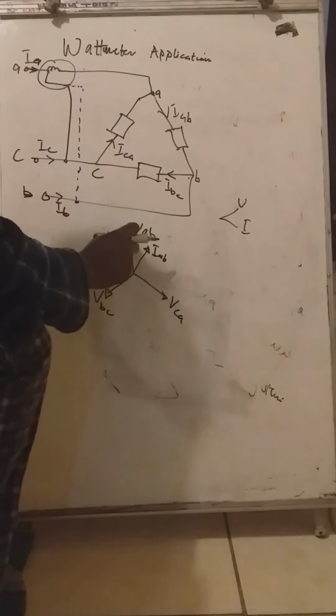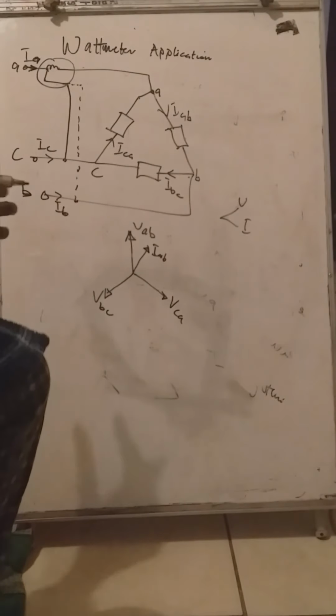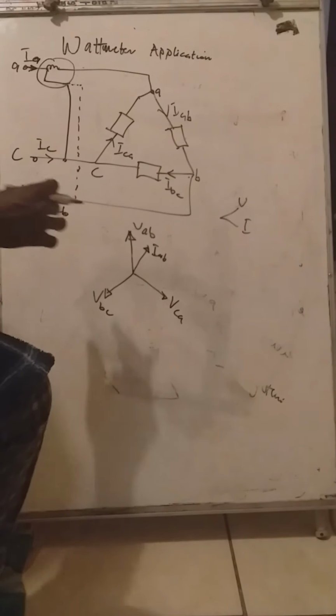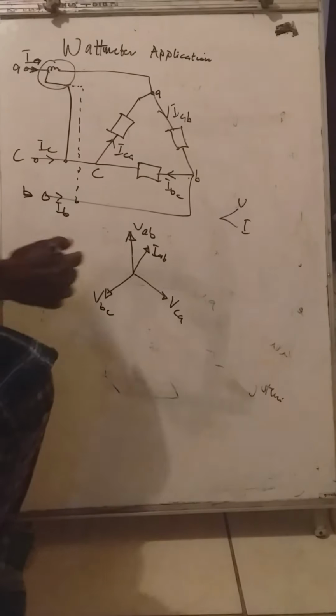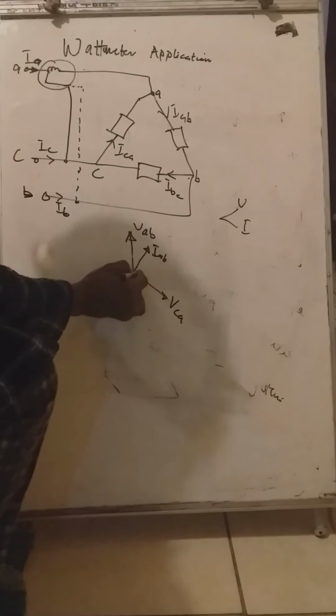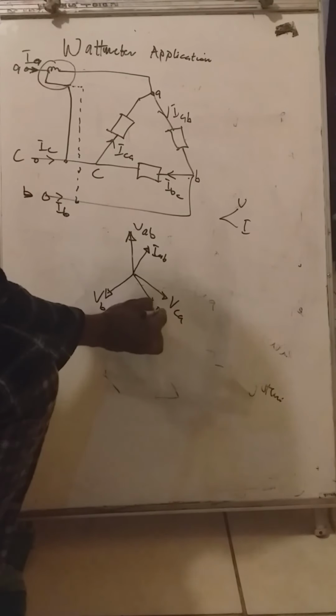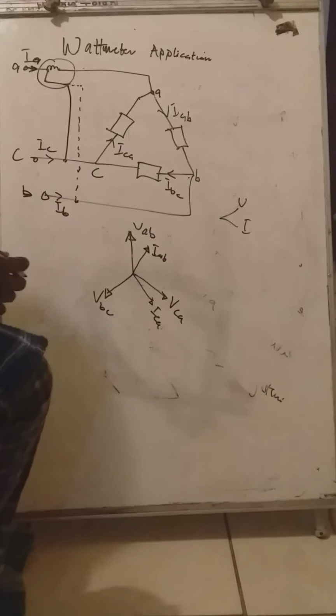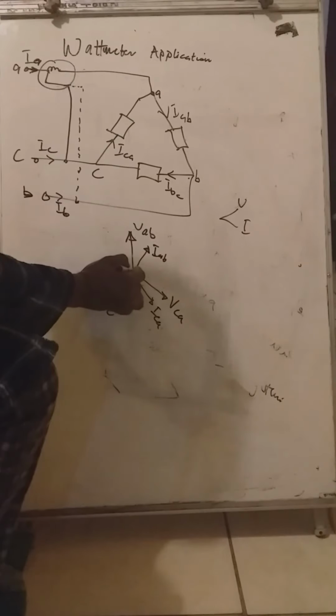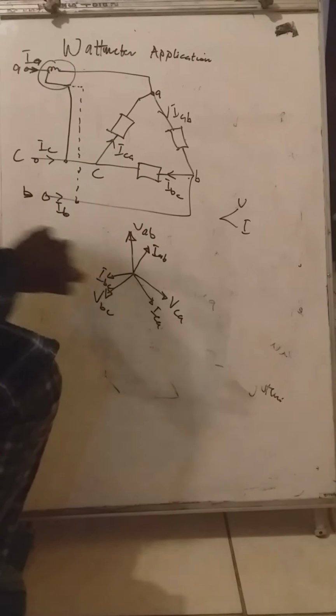The angle between this and this will become the phi, which we have to find the cos of to give us the power factor angle. Our VCA is also being lagged by ICA, while our VBC is being lagged by IBC.